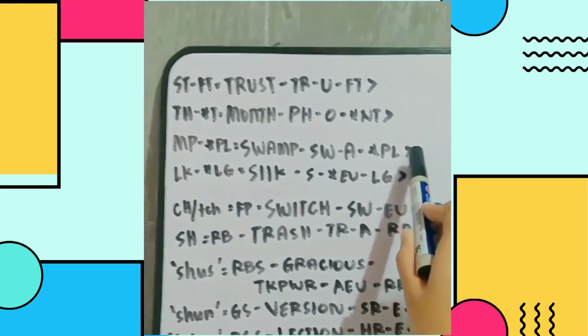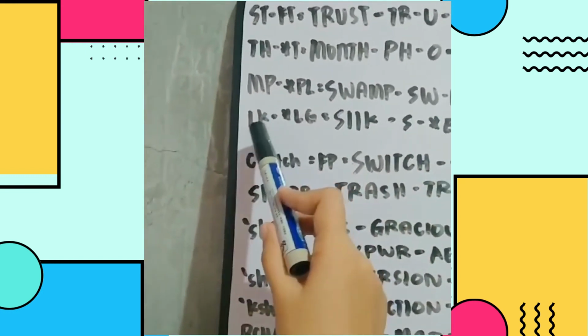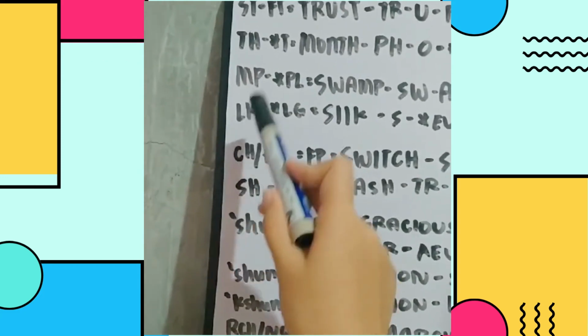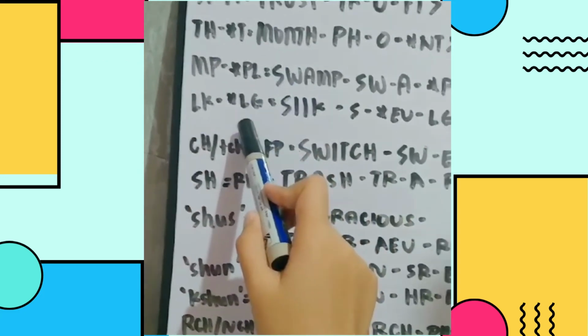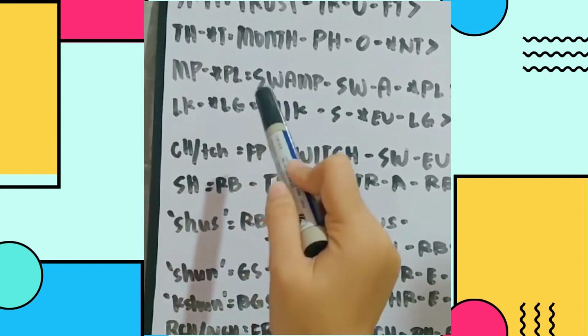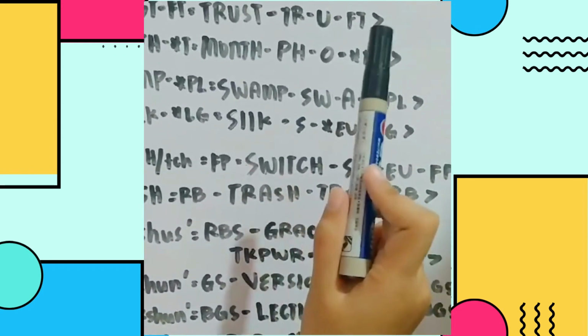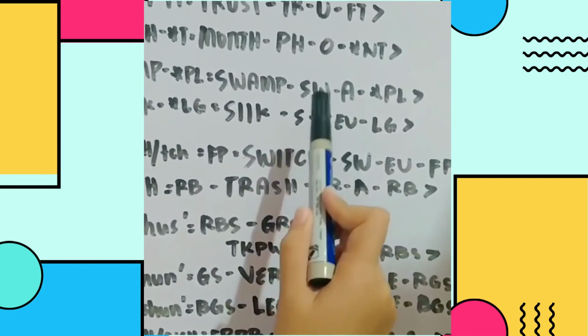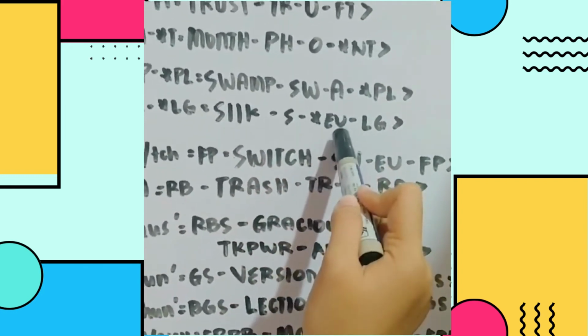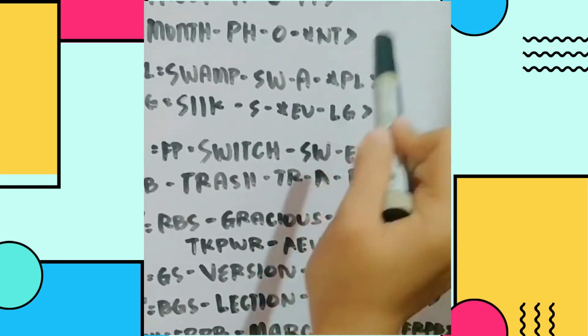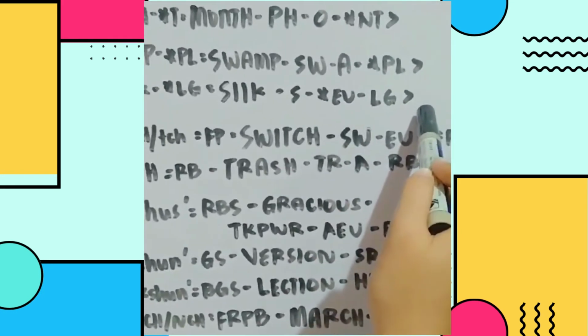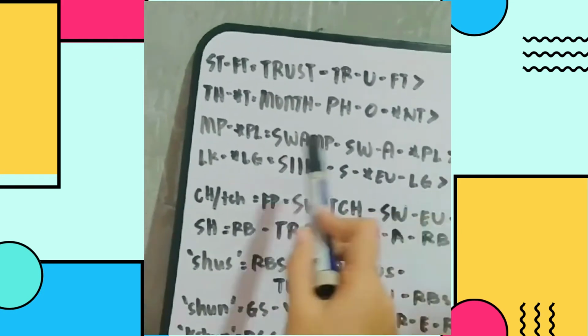Next, the ending word is LK and the represent code is LG. So the example word is silk. So if you write it, it should be initial letter S, vowel asterisk EU, ending LG, then release. Next word is CH.